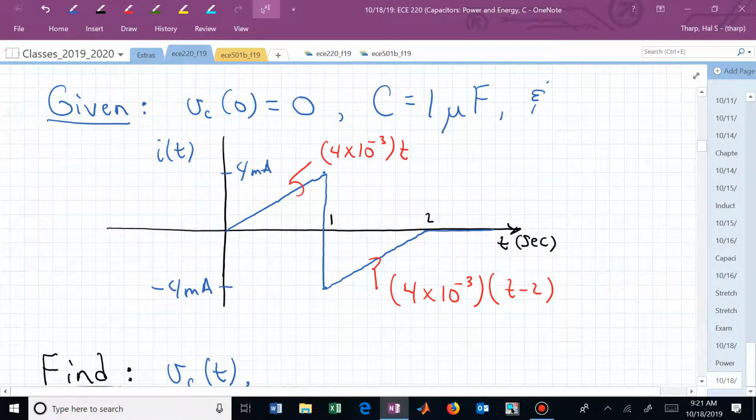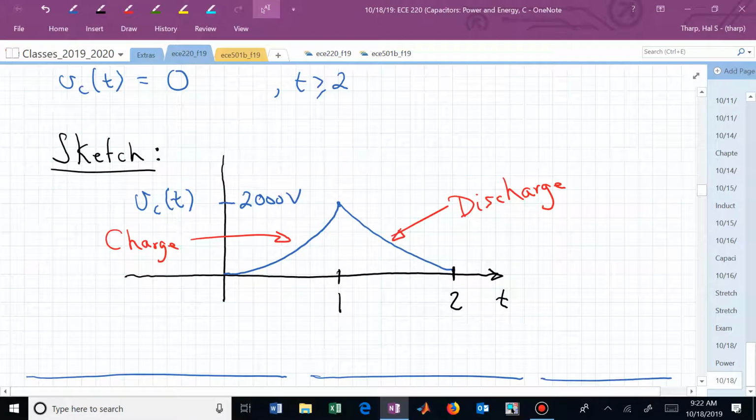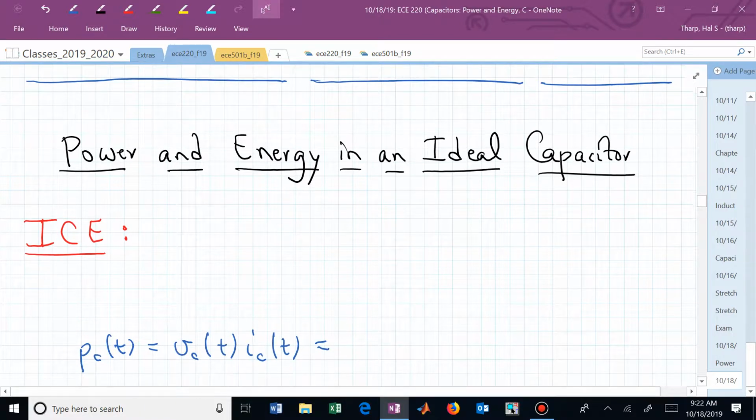We now charge up the capacitor, discharge it, and that's now shown in this voltage sketch. And it charges up non-linearly as a square relationship. That's now current and voltage.